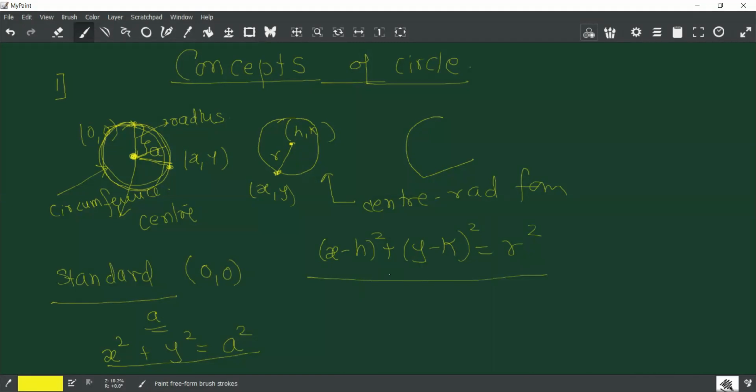The equation of the circle in center radius form. Are you getting it?